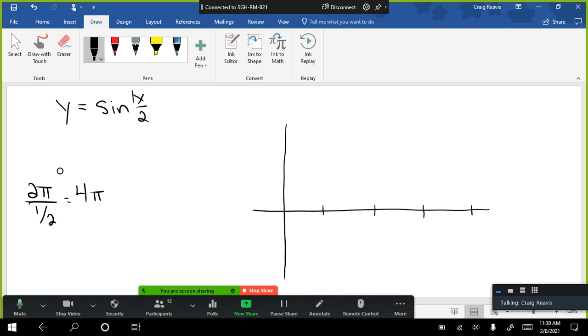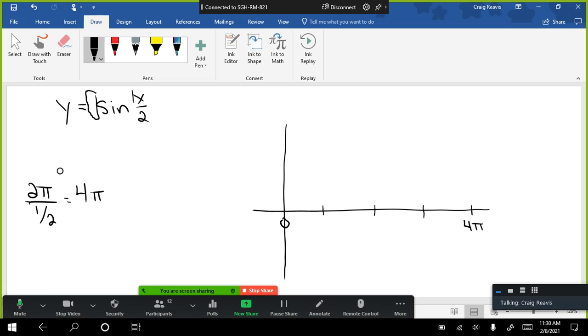So once I find the period, we're not worrying about any shifts right now, so 0 is where it's going to start, and it's going to end at 4 pi. What I'm basically going to do now is label my graph. I'm going to label my points on my x-coordinate, and I'm going to label my points on the y-coordinate. Now, the amplitude would be the number multiplied out front.